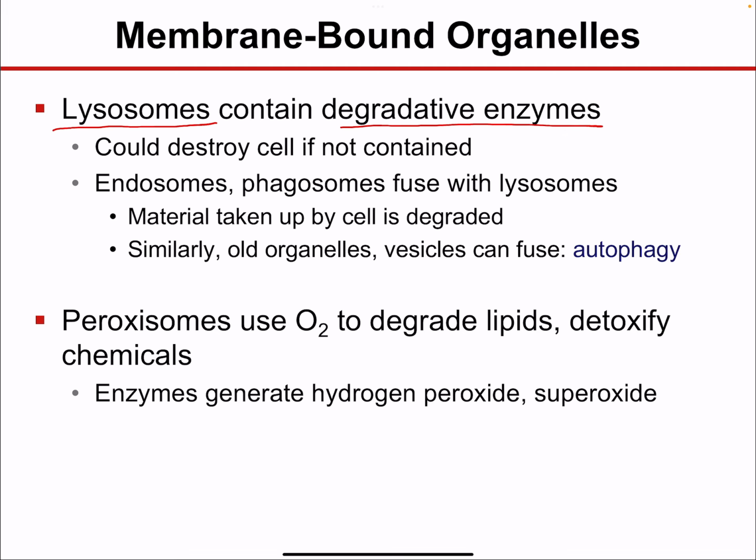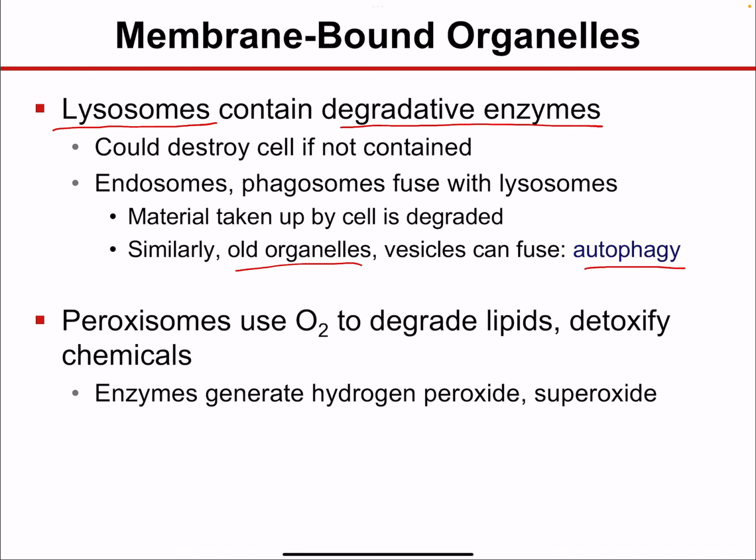They are able to break down viruses. They are able to break down bacteria, you name it. So they are going to break down about everything, not only particles that come from outside of the cell, but also particles that are very much part of the cell and that need to be destroyed, like old organelles, right? We call this autophagy.